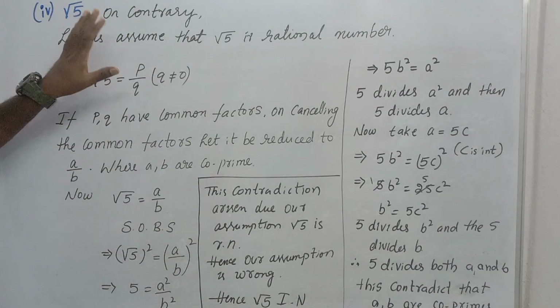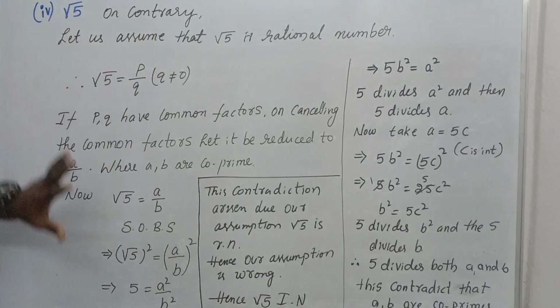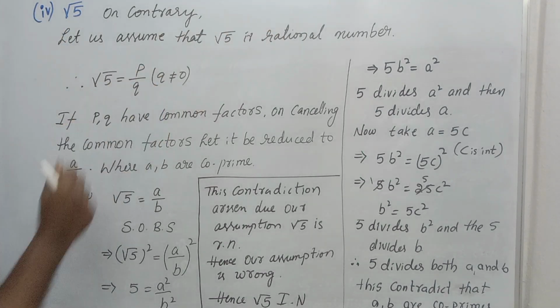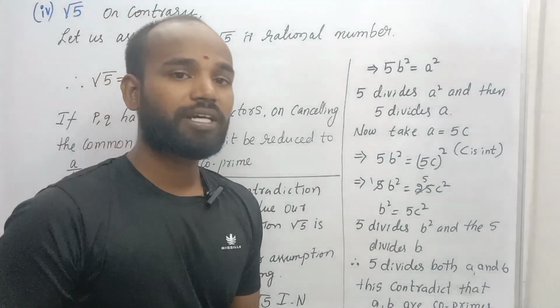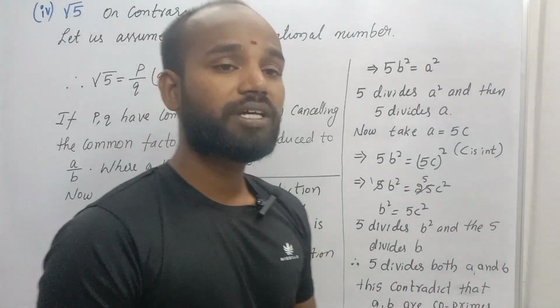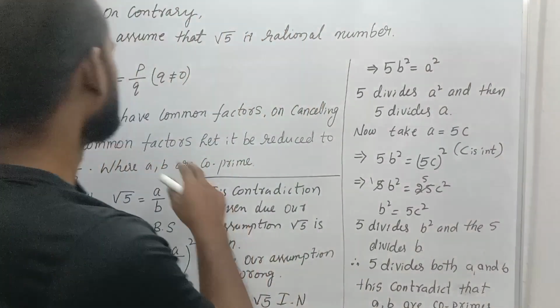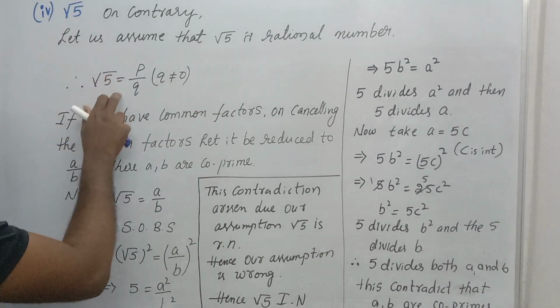So let us assume, on the contrary, let us consider root 5 as a rational number. Then if root 5 is a rational number, it is in the form of p by q. So root 5 equals p by q.